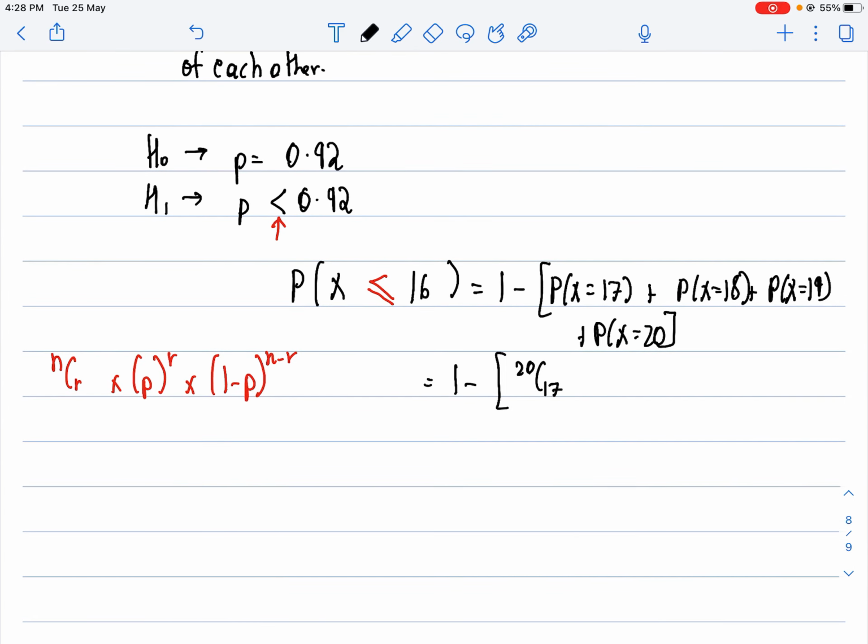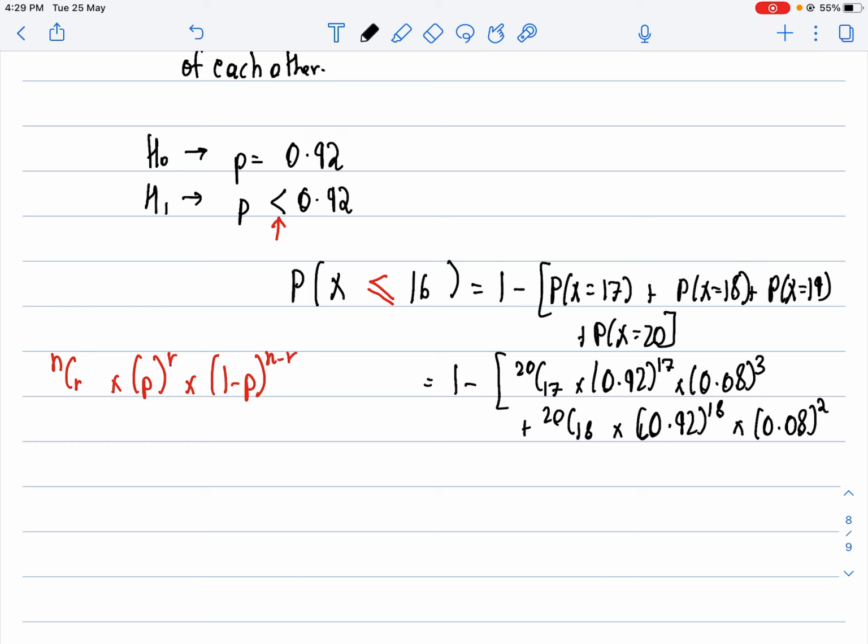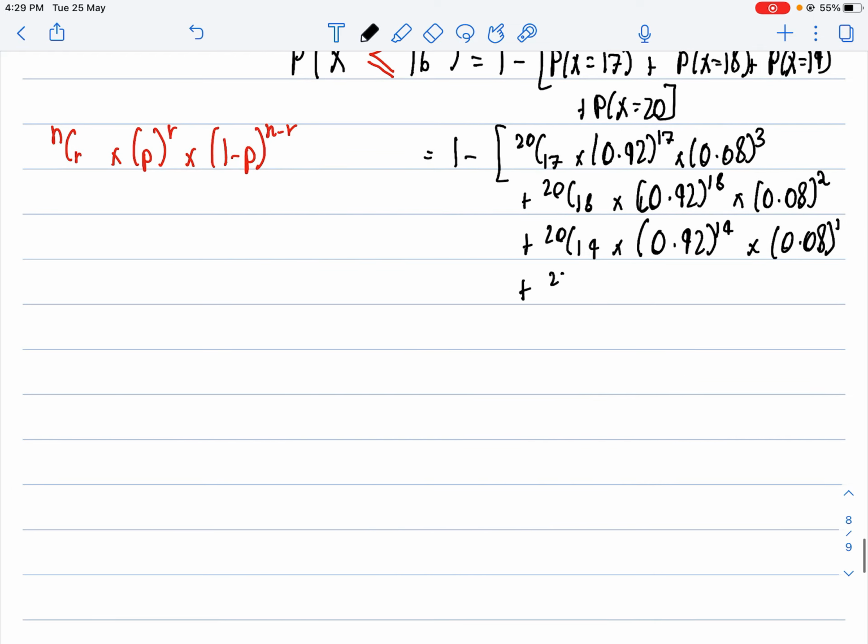So it's 20C17 times 0.92 raised to 17 times 0.08 raised to n minus r, which is 3, plus 20C18 times 0.92 raised to 18 times 0.08 raised to 20 minus 18, which is 2, plus 20C19 times 0.92 raised to 19 times 0.08 raised to 1, plus 20C20 times 0.92 raised to 20 times 0.08 raised to 0.